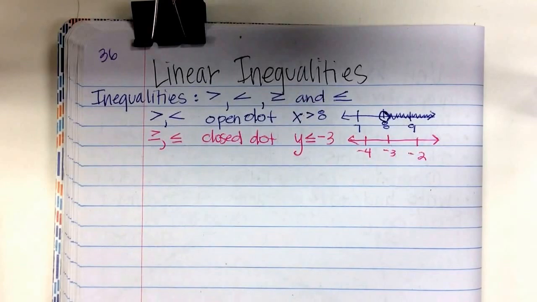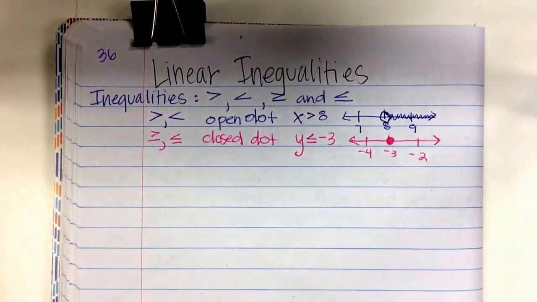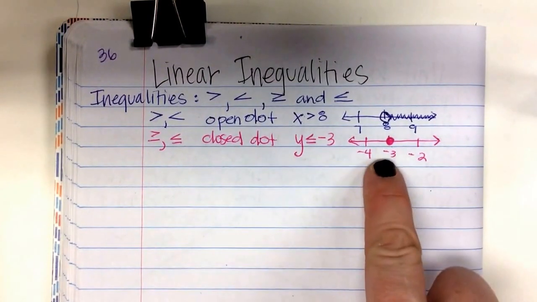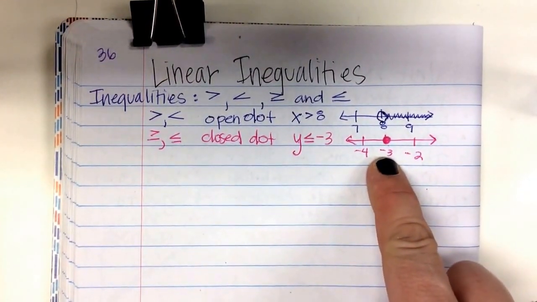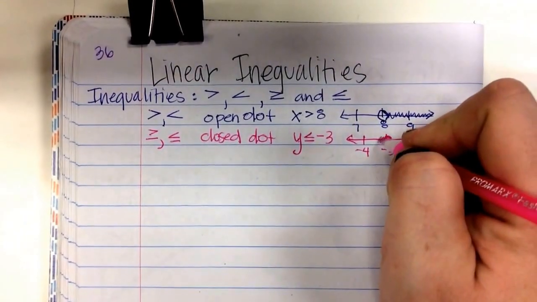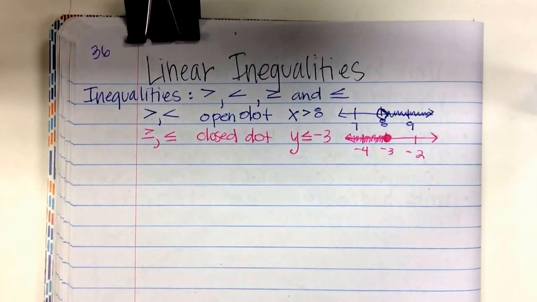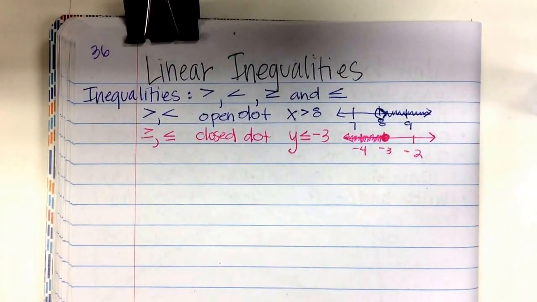We're going to fill in the dot at -3 because anywhere that's shaded is an answer. So it could be -3. Or y is less than, so anything to the left on the number line.